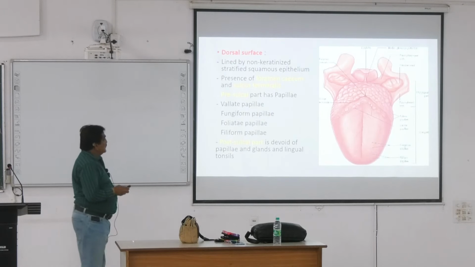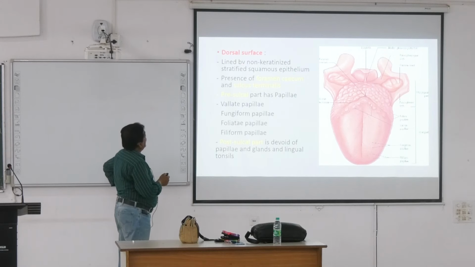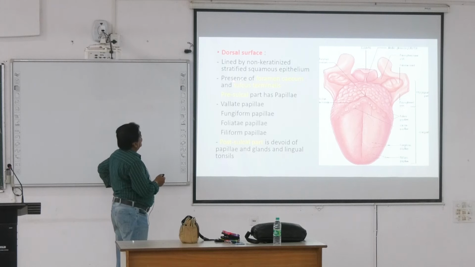Now the dorsal surface is lined by non-keratinized stratified squamous epithelium, with the presence of foramen cecum, this is the foramen cecum, and sulcus terminalis. The presulcal part has papillae, this is the papilla.